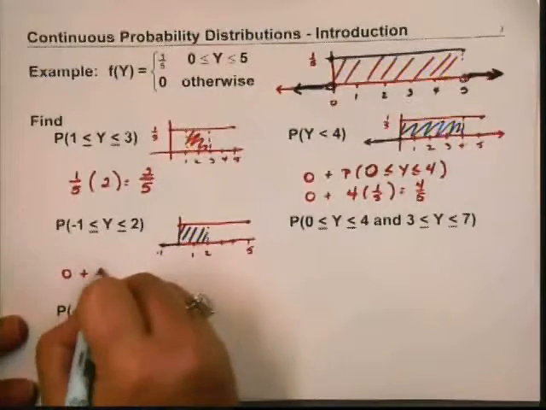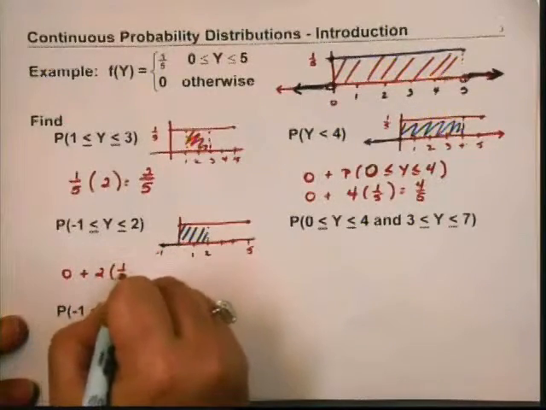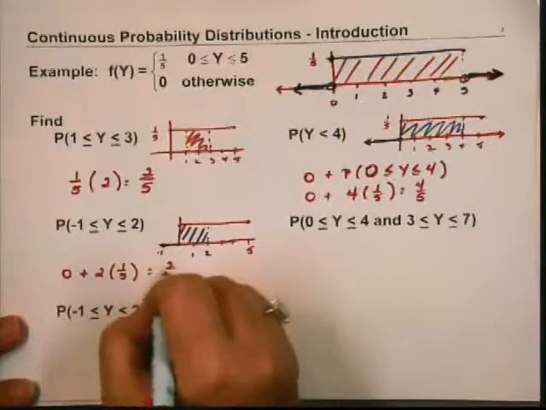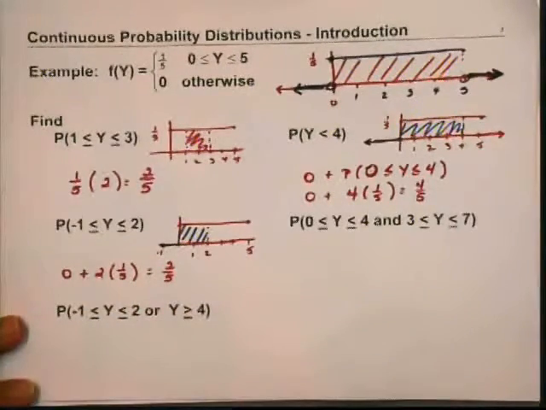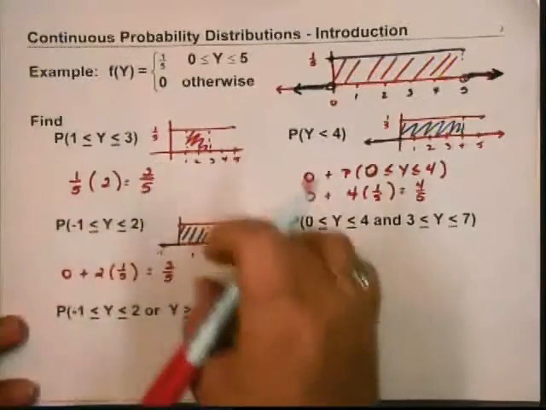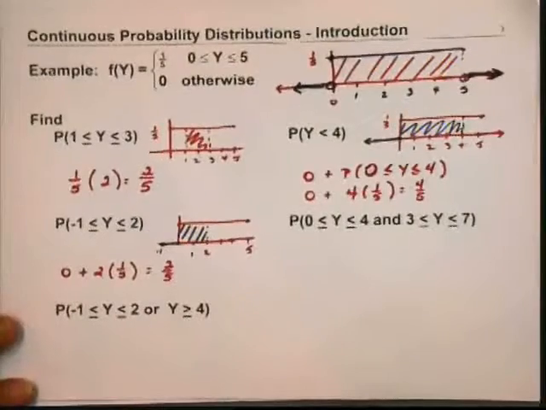So 0 plus 2 times the height of the curve, which is consistently 1/5. Again, 2/5. We're looking at the same probability as the one directly above it, but we're looking at different areas under the curve.